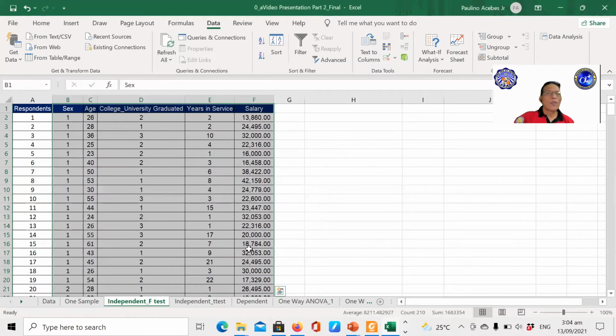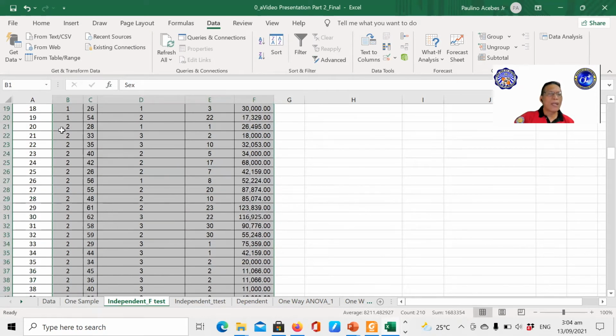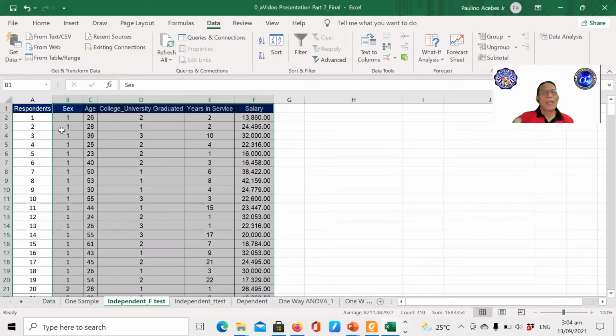You notice that this is now arranged according to female and male. So we can now copy the data and we can already treat the data.